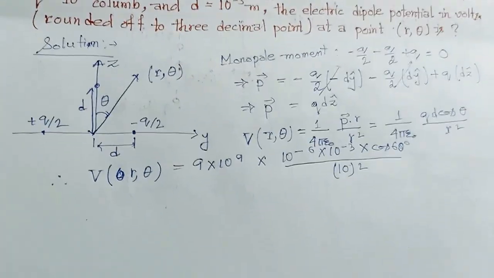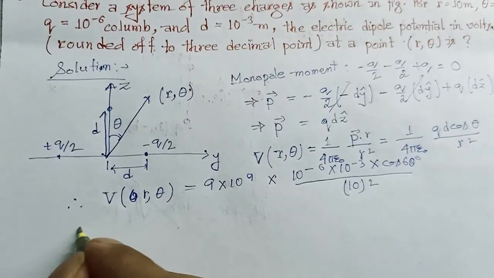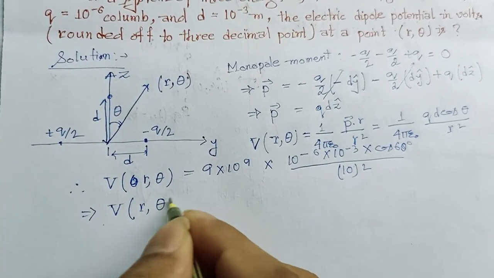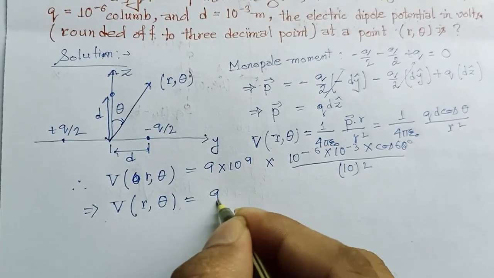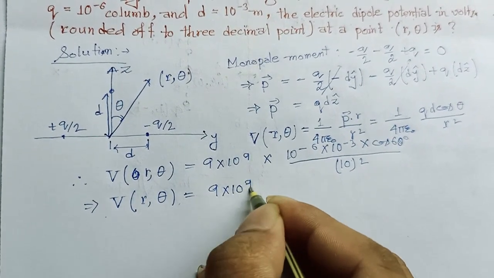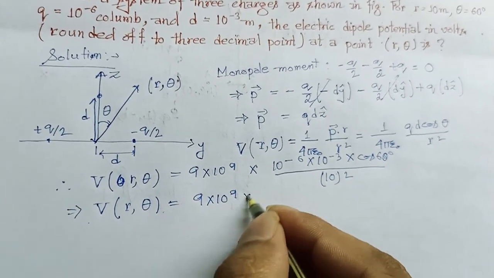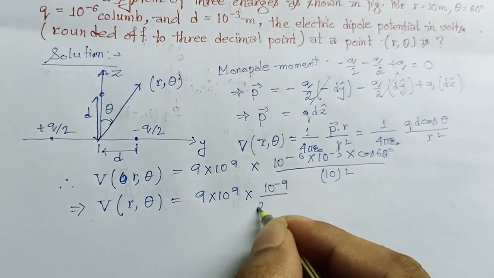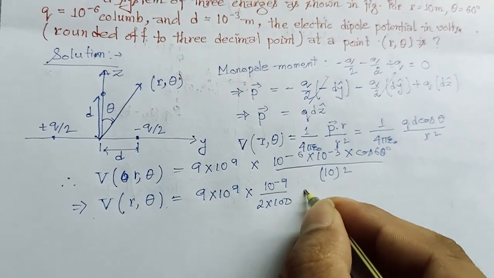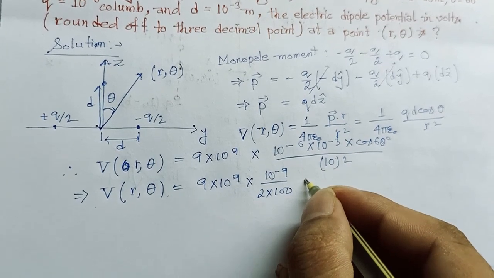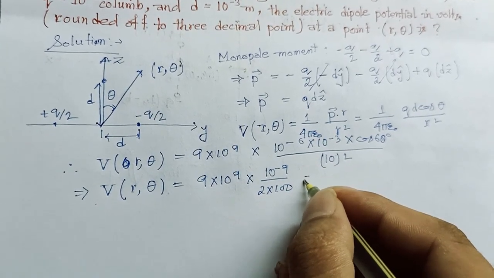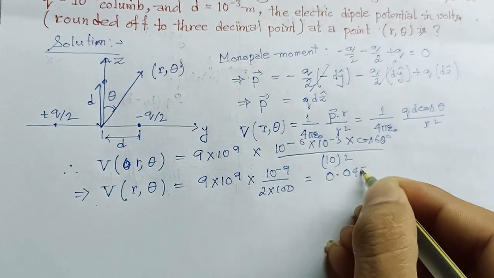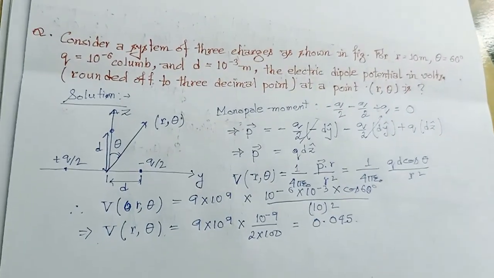So our net value of potential at point r, theta will be 9 into 10 to the power 9 into 10 to the power minus 9 divided by 2 into 100. So this value will be equal to 0.045. This is our required answer for the given question.